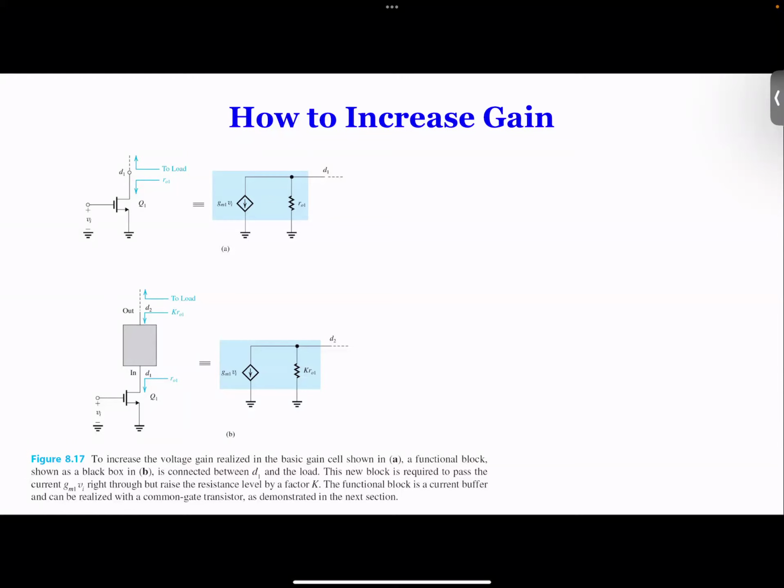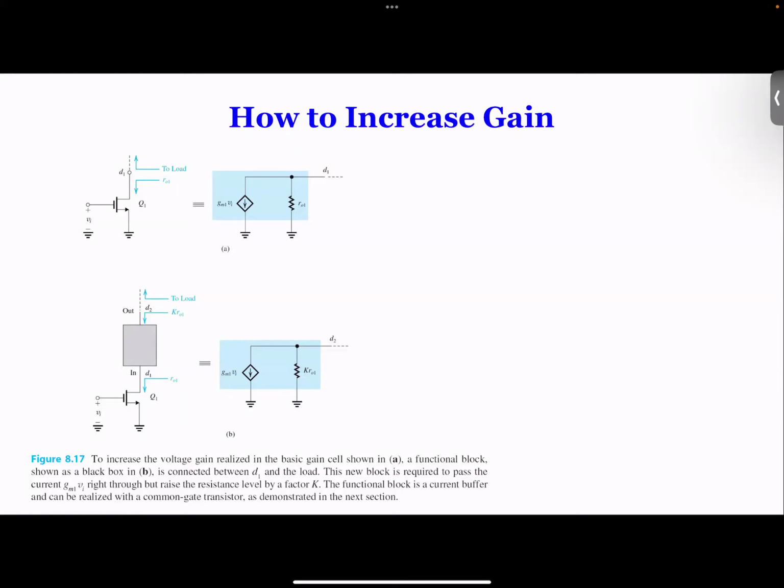If we multiply this by a K, then we get this resistance to be K times RO1. If K is less than 1, your gain is going to decrease a little bit. But if K is larger than 1, your gain actually increases instead of decreasing. Of course, in real life, having K larger than 1 is very difficult. I wouldn't say impossible, but very difficult.